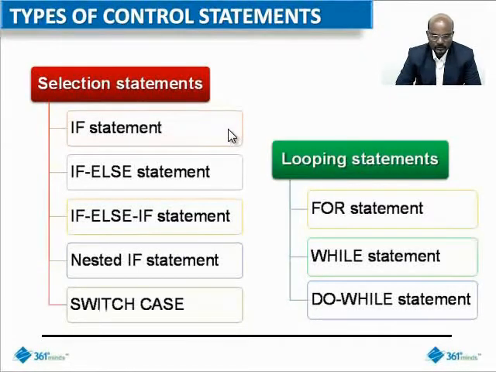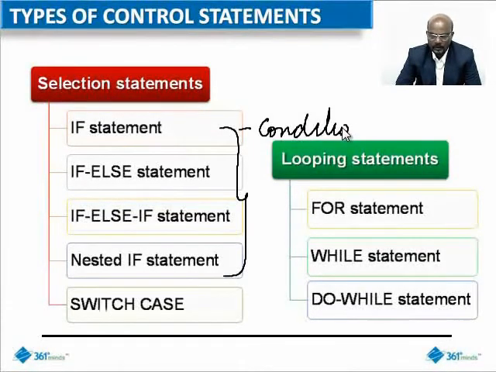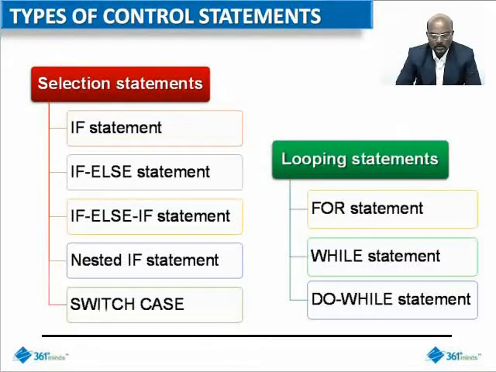If a condition is true, it moves on to one block of the program. Or if the condition is false, then it moves to another block. These are if else statements. Whereas the looping statements check for a condition and keep looping until the condition becomes false. So once it fails, it comes out of the loop and goes to the next block of the program.